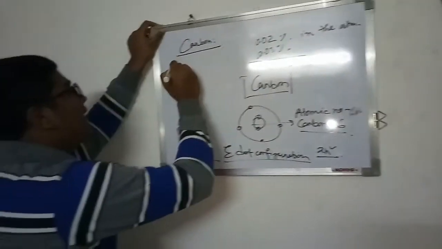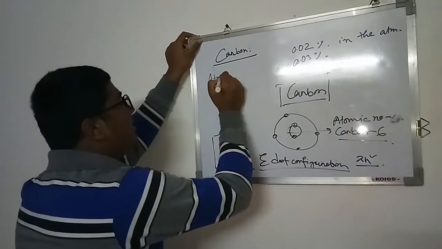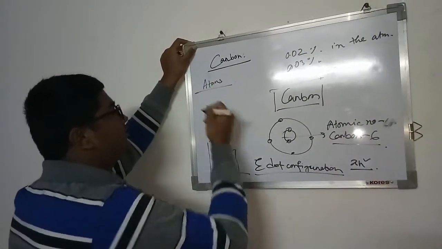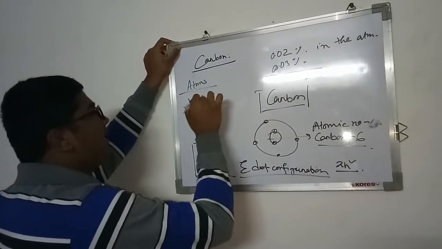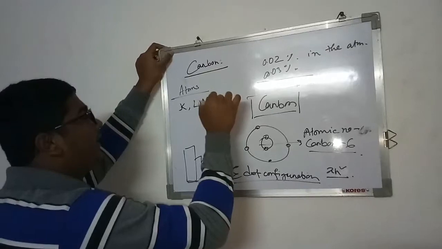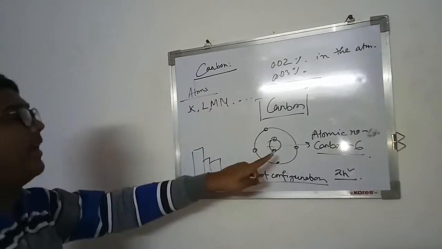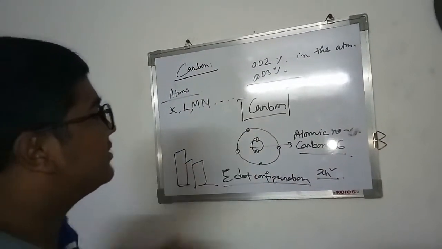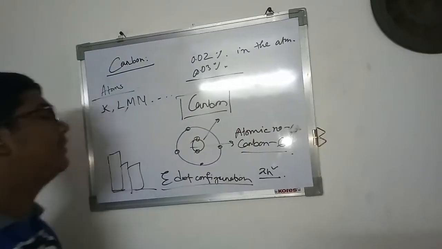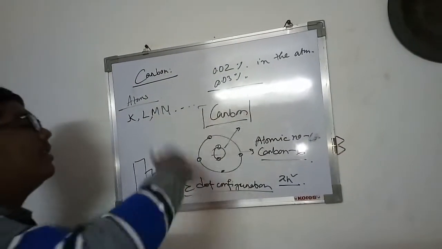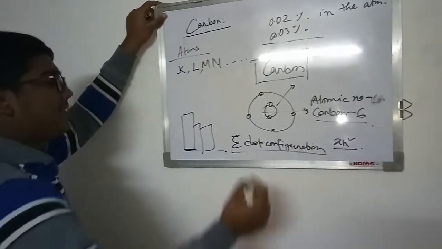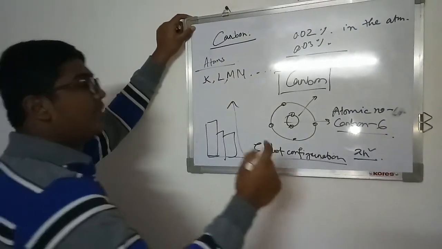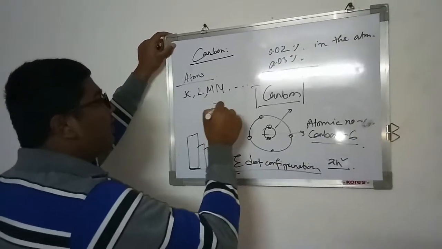We have known that atoms consist of energy shells named K, L, M, N, right from the atomic nucleus towards the valence shell. So depending upon this rule, we can say that the electronic dot configuration of the carbon atom is 2.4.